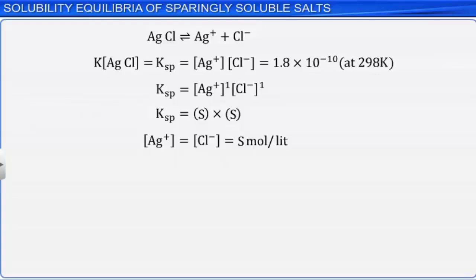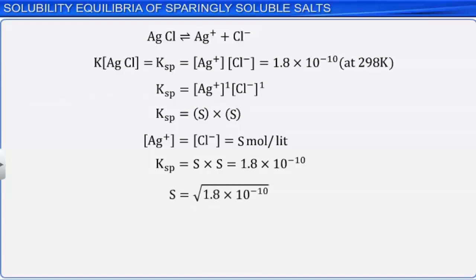Substituting S instead of concentrations in the expression for solubility product gives Ksp is equal to S multiplied by S, which is equal to 1.8 into 10 to the power of minus 10. Thus, the molar solubility S is equal to the square root of 1.8 multiplied by 10 to the power of minus 10.